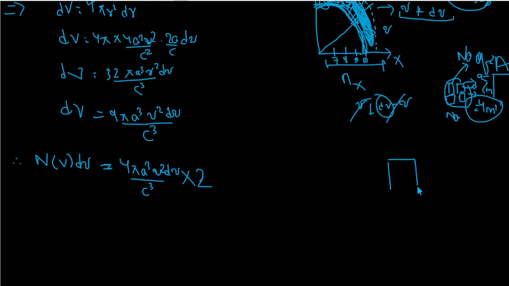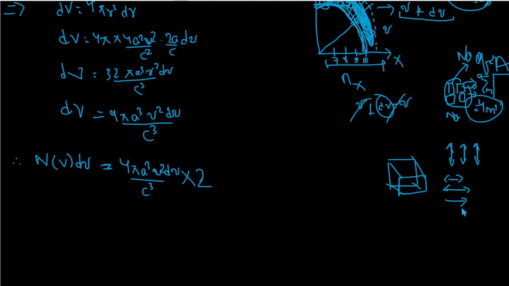So this is a particular cube. In polarized light, the electric field can oscillate in this direction and in this direction.